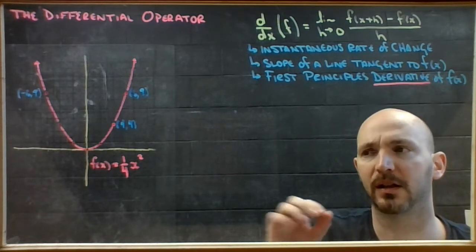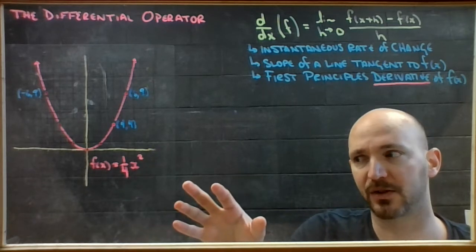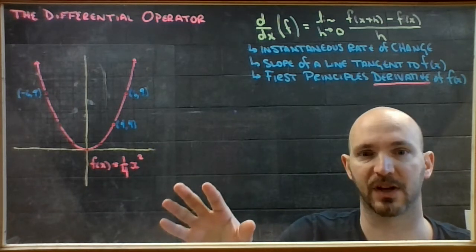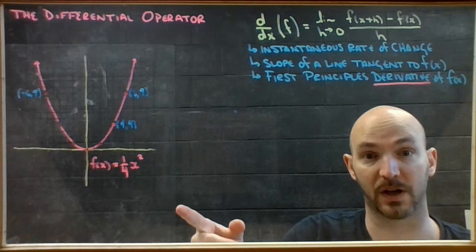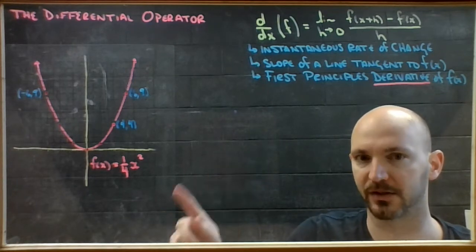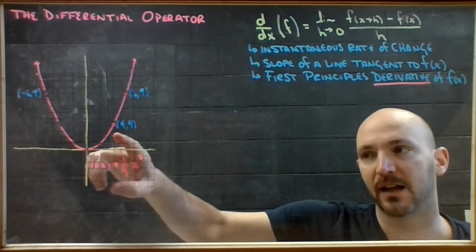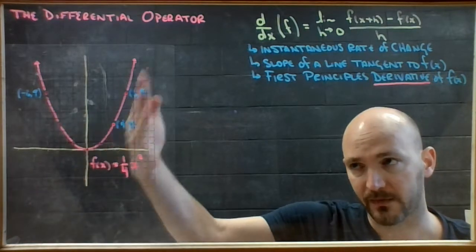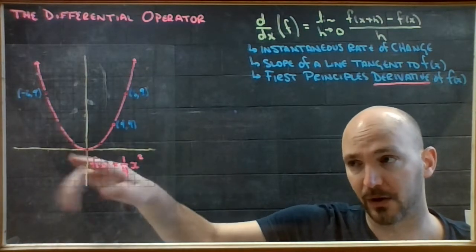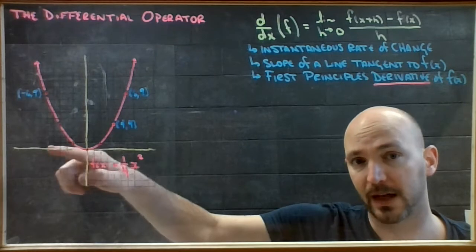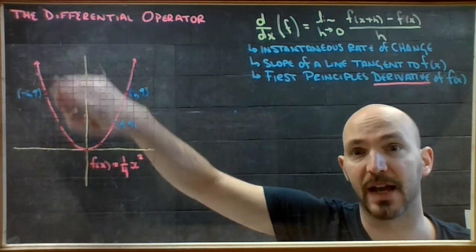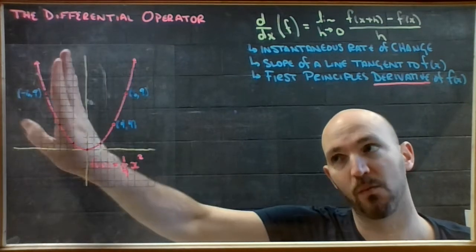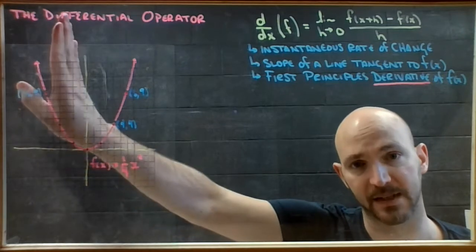So if we look at the parabola, and I don't want to get too much into instantaneous rate of change, because there is another video that you can watch for that, and I'll put the link on the page here somewhere, the slope is different everywhere you go, right? The slope is 0 at the vertex, and the slopes are negative on this side, and they're getting more negative as you go up because it's getting steeper.